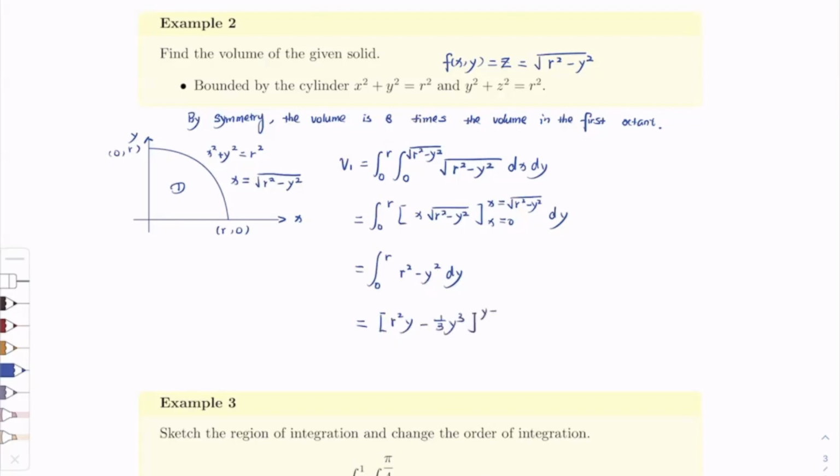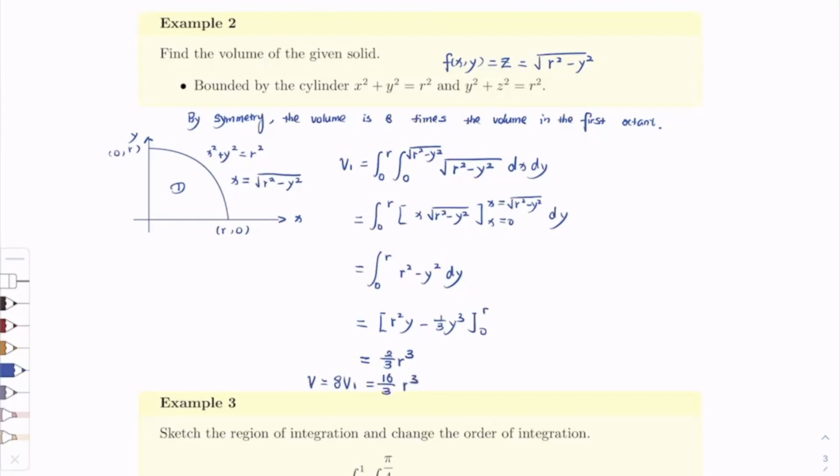This is evaluated when y equals R and 0. So this will give you R cubed minus 1/3 R cubed, which is 2 over 3 R cubed. And the volume we want is 8 times this. So V equals 8 V1, which equals 16 over 3 R cubed.